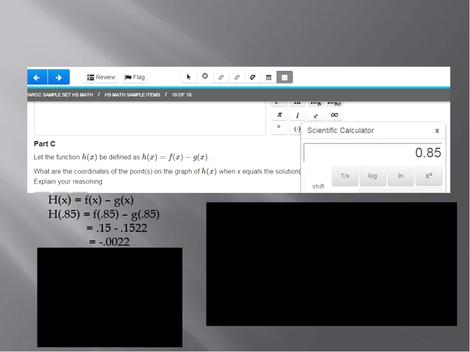Solve that, and we have negative 0.0022. Now we have a new coordinate point, h of 0.85 equals negative 0.0022. So at 0.85, we have a y value of negative 0.0022.